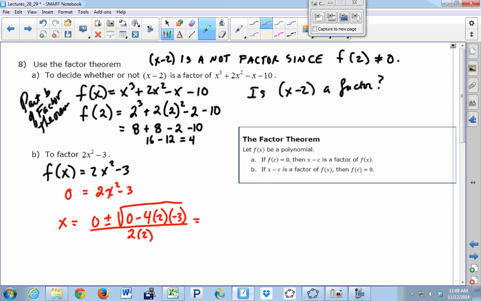So that gives me 0 plus or minus the square root of, let's see, 4 times 2 is 8. 8 times negative 3 is negative 24. So I get 0, 0 take away negative 24.